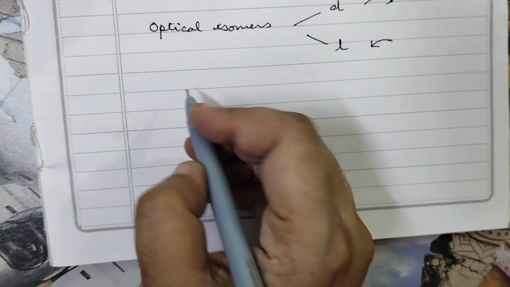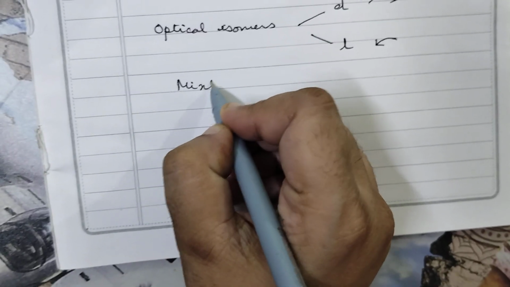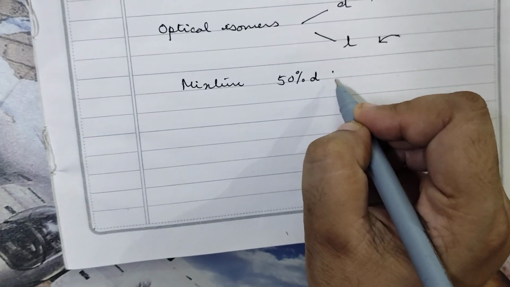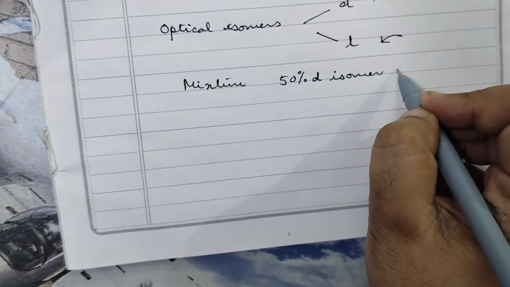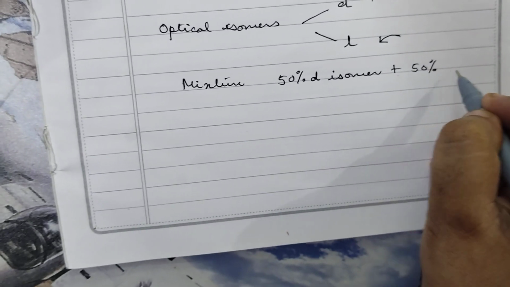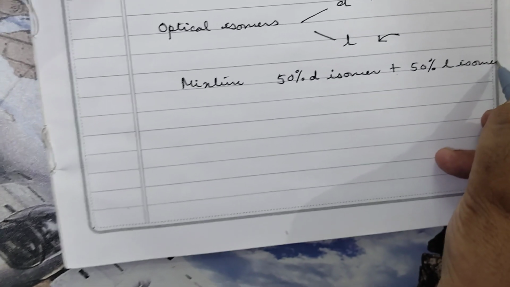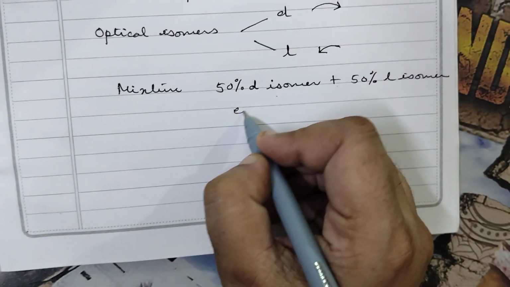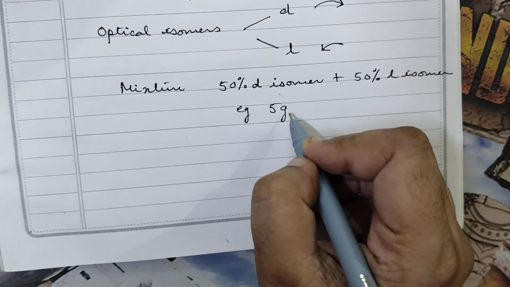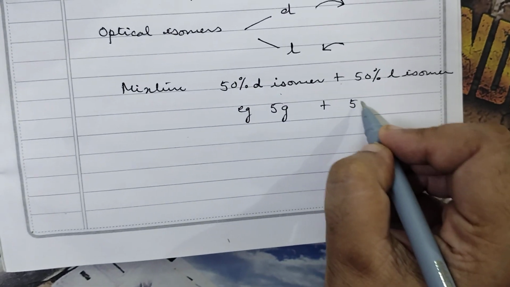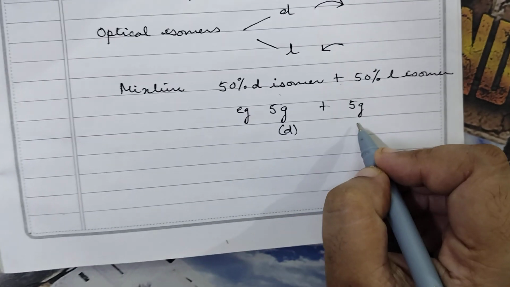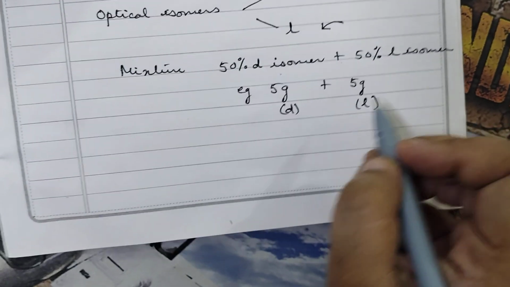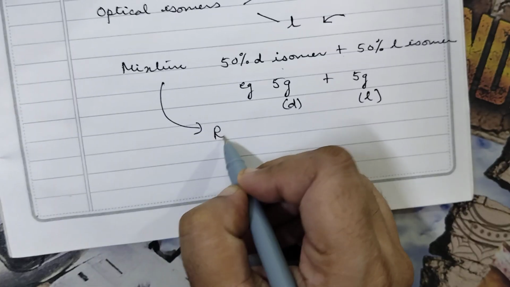Now if we have a mixture with 50% D isomer and 50% L isomer, that is, we mix dextro and levo in equal amounts, say if 5 gram is dextro, then 5 gram is levo, then this mixture is called a racemic mixture.